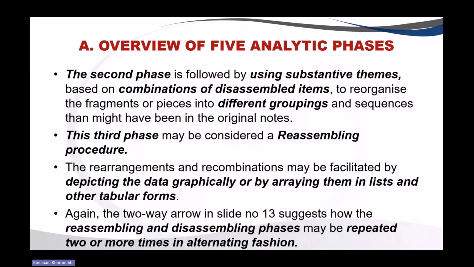This third phase may be considered as reassembling. That is the one that is packaging things that were disassembled in the second phase. The rearrangements and recombination may be facilitated by depicting the data graphically or by arraying them in lists and other tabular forms. We will be able to show this one as we continue. Again, the two-way arrow in slide number 13 suggests how the reassembling and the disassembling phases may be repeated 2 or more times in an alternating fashion. You can reassemble now and disassemble.